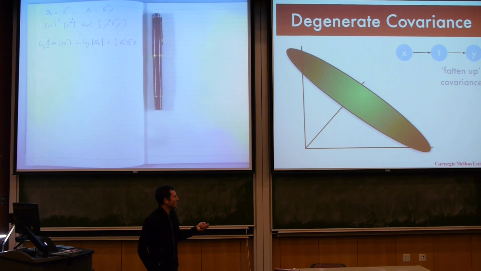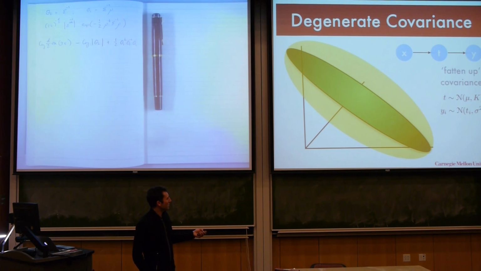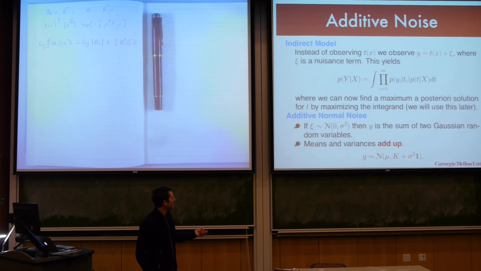So we basically observe a noisy version thereof, and what this did is it fattened up the covariance matrix. So this is what you got, right? We had this mean and covariance, and we derived that this is the Gaussian process in the y's that you get out of it.